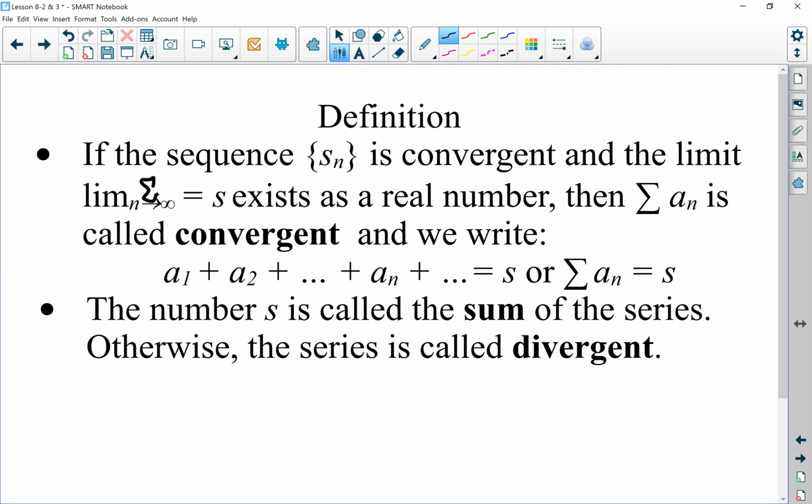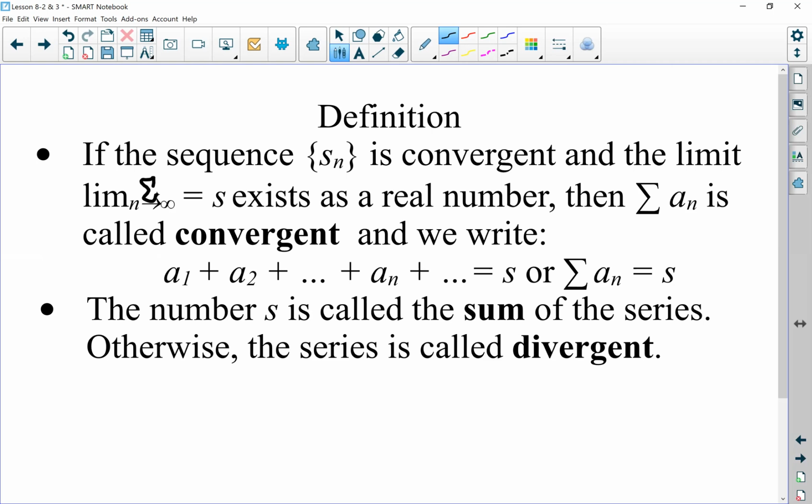And we write a sub 1 plus a sub 2 plus dot dot dot equals S, or the summation of a sub n is equal to S, where S is called the sum.